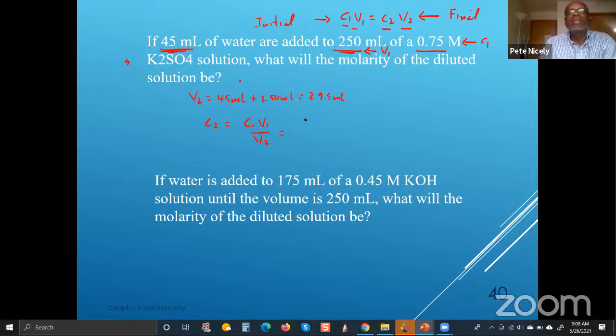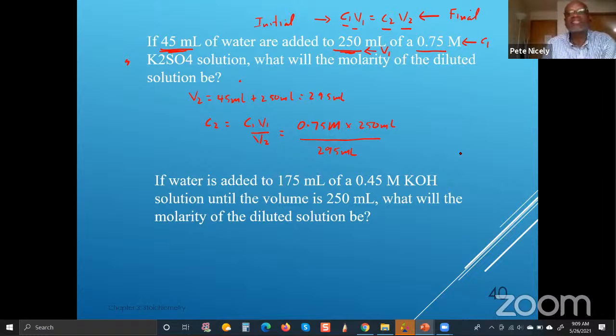And all you have to do is put the numbers in. So C1 would be equal to 0.75 M. V1 would be equal to 250 mLs. And V2 would be equal to 295 mLs. So 0.75 times 250 divided by 295.